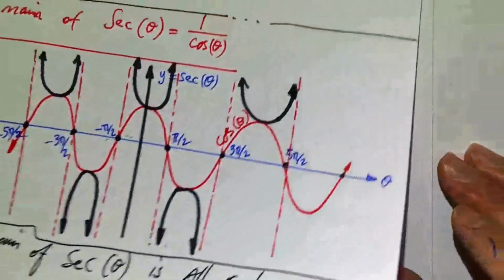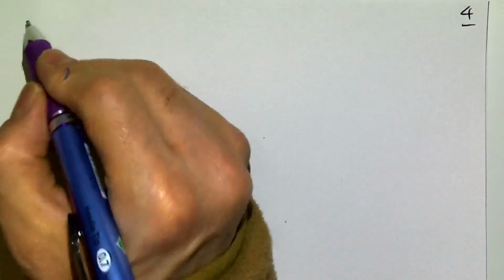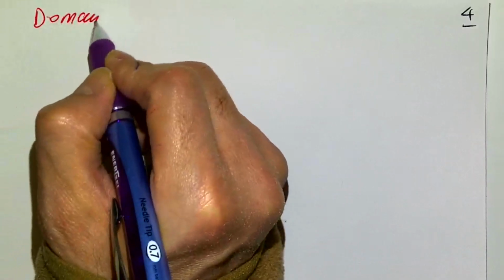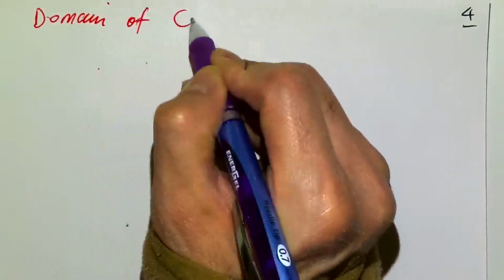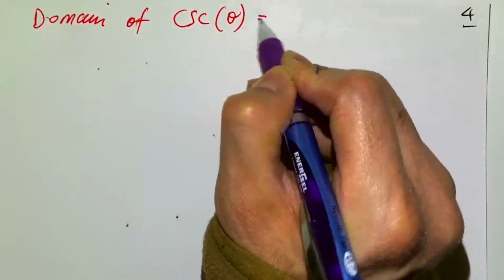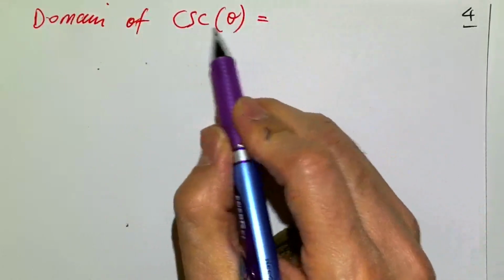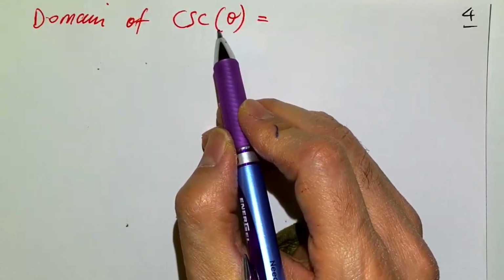Okay. We have one more to draw for this, and that'll be the cosecant function. So I believe this is page 4. So domain of cosecant theta. Do you remember what the formula was for cosecant of theta?